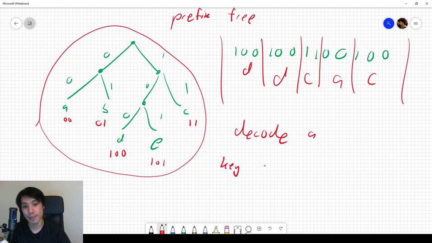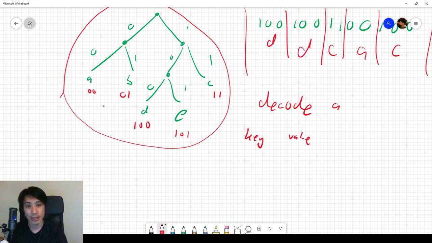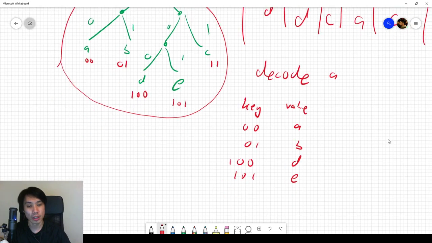The key is going to be my encoding: 0 0 will be A, 0 1 will be B, 1 0 0 will be D, 1 0 1 will be E, then 1 1 is going to be C. Here is what you're going to see online.